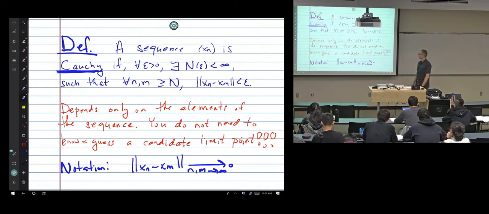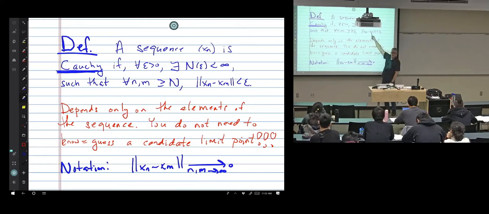Okay, so question, is this a necessary condition for a sequence to converge? So if a sequence converges, is it automatically Cauchy? So is this a necessary condition? Can you guys see in your head the estimates you might want to make?